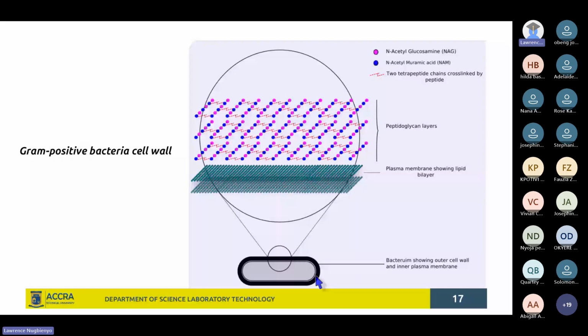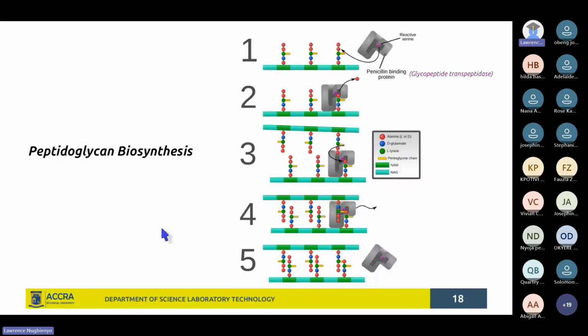That's a cell wall, which is made up of this peptidoglycan layer. Now, having seen this structure of the gram-positive bacteria, and we did talk about the synthesis of the peptidoglycan, knowing the structure of that peptidoglycan, here we have represented it much more easily.